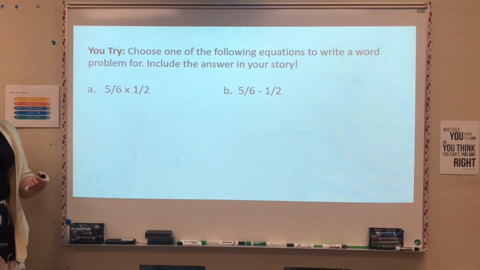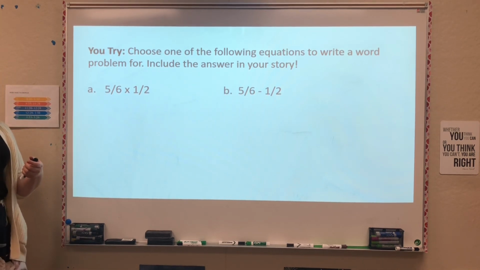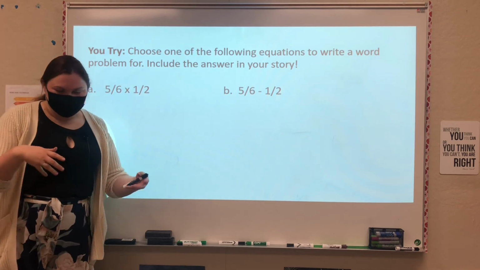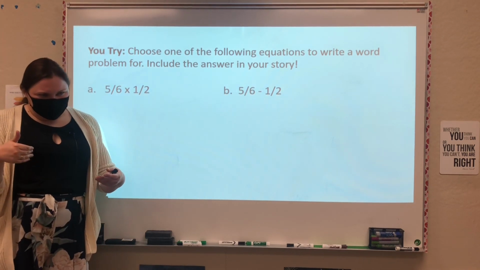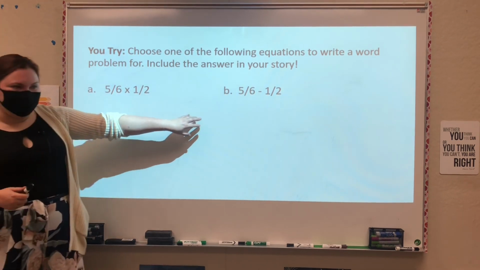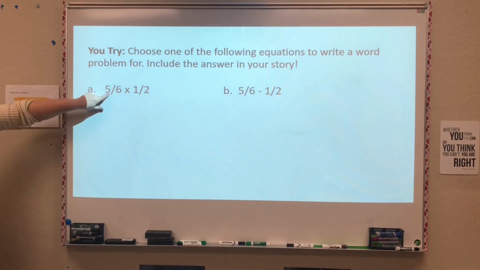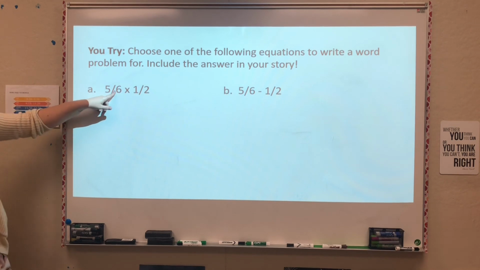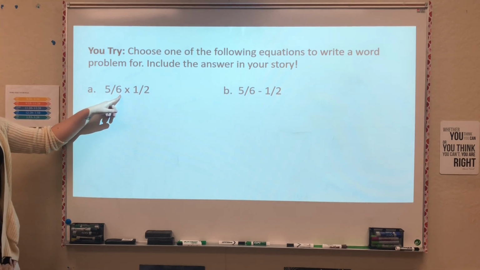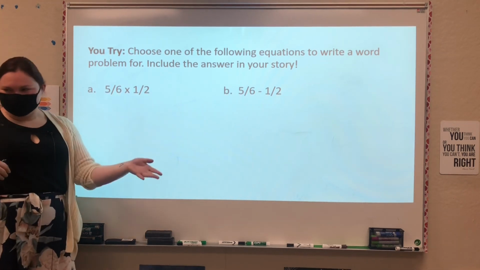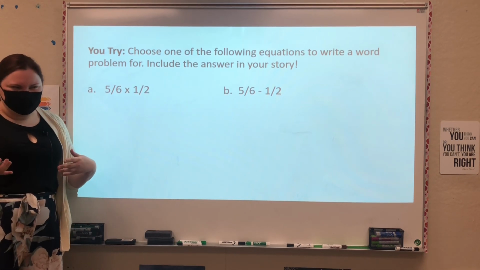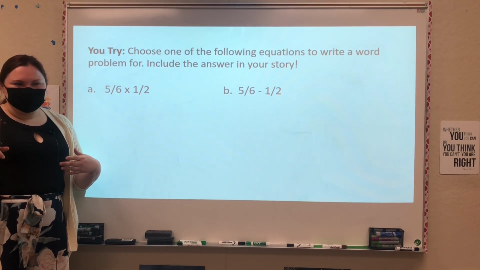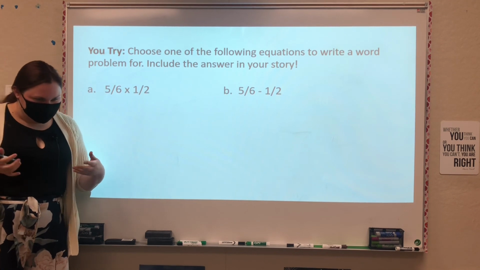So for example, with the negative one, someone was saying, oh, there were -5 people in this group, but you can't have -5 people. So when you go to write your story for this, you have to pick something that can be a fraction. So I can't write a story about how 5/6 of a person does this and 1/2 of a person does this because you can't have fractions with people. So pick something that can be a fraction amount. Okay?